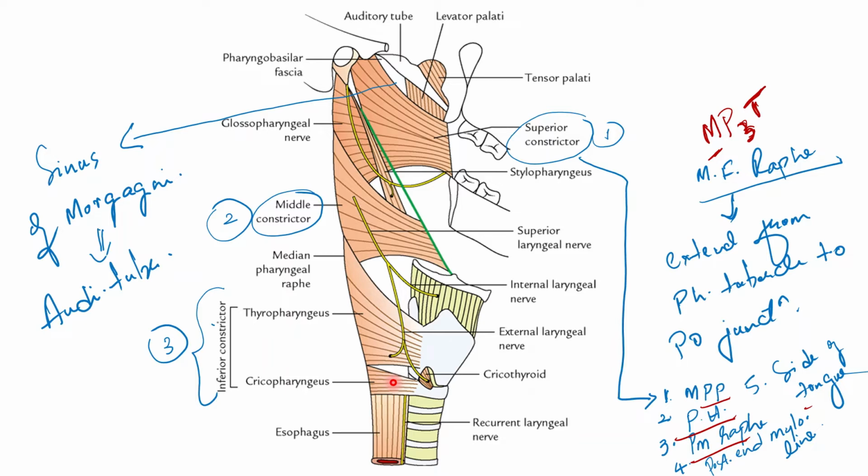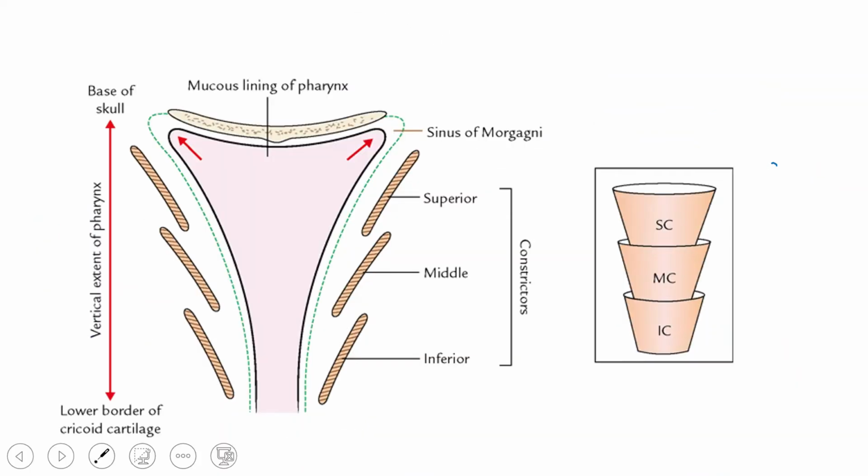Looking at these three constrictor muscles, we'll observe that the arrangement of these three muscles is in such a way that close to the insertion, the constrictors are seen to overlap one another from below upward, as if placing three flower pots one within the other. So this is the arrangement.